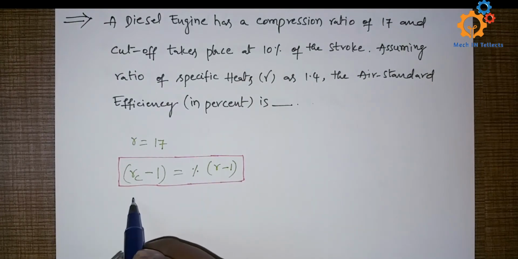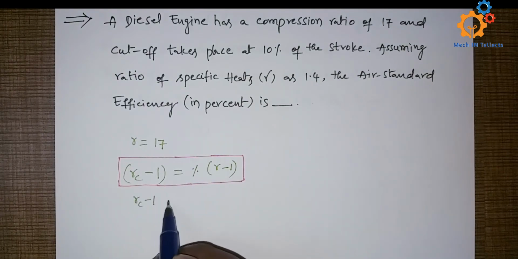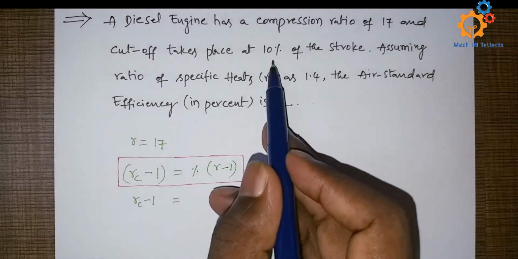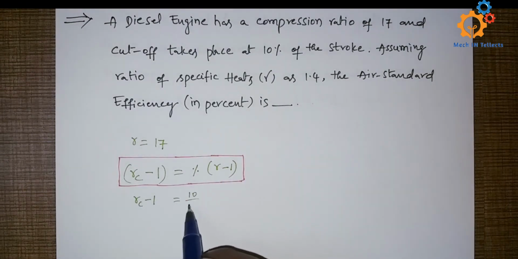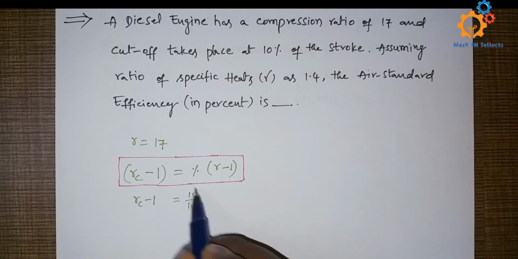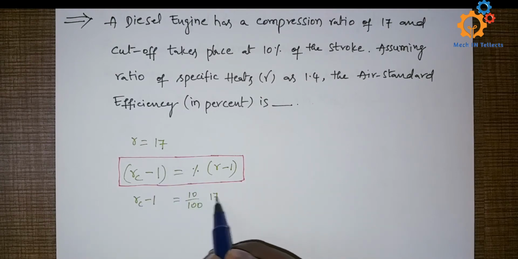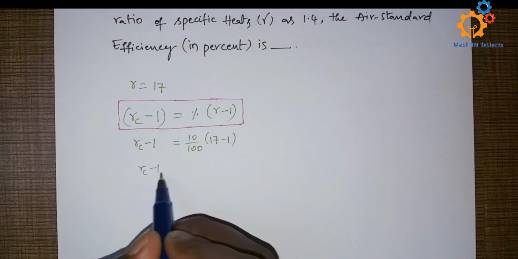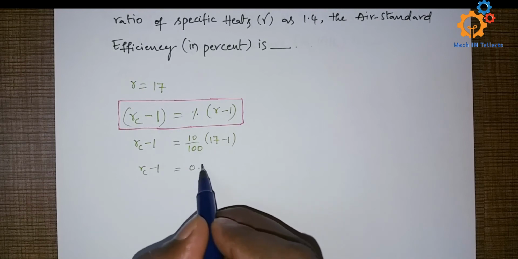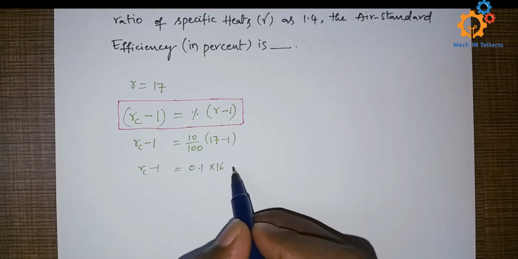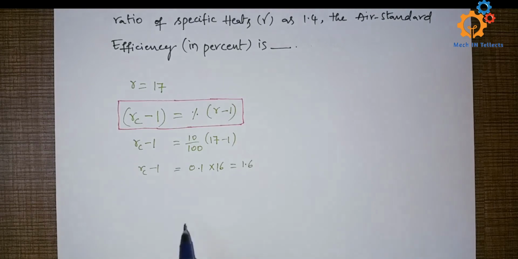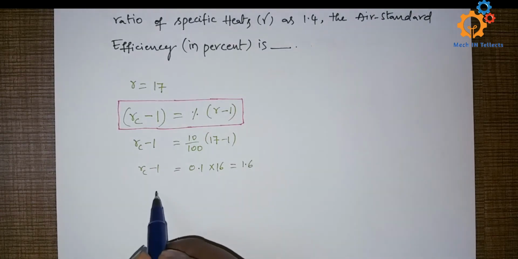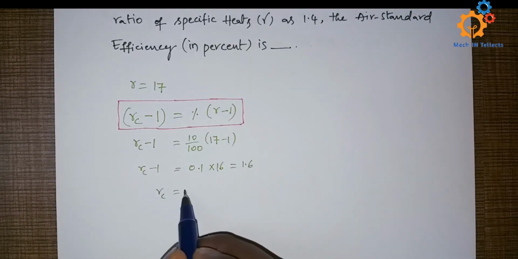So RC minus 1 is equal to, percentage is given 10%, so 10 by 100, compression ratio is 17 minus 1. Okay, so RC minus 1 is equal to 0.1 into 16, so that is 1.6. So what is cutoff ratio? Cutoff ratio is equal to 2.6.